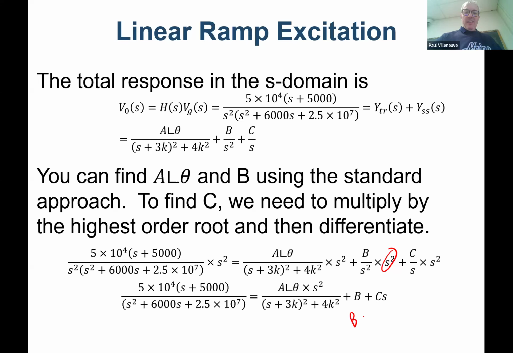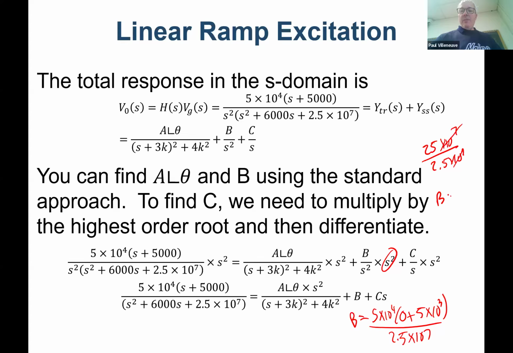So B is going to be equal to 5 times 10 to the 4th times 0 plus 5 times 10 to the 3rd all over 2.5 times 10 to the 7th, right? When I evaluated S equals 0. So I have 25 times 10 to the 7th over 2.5 times 10 to the 7th. The 10 to the 7ths cancel, so B is going to equal 10.